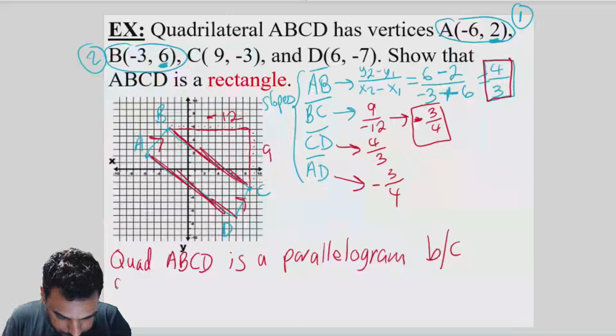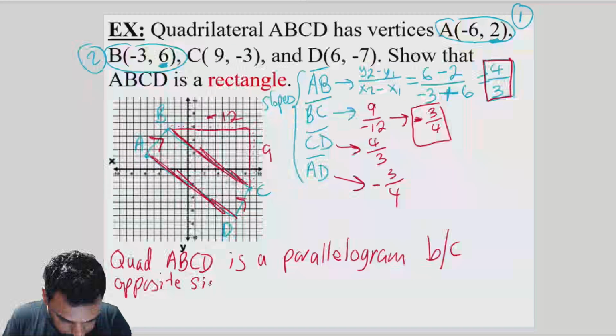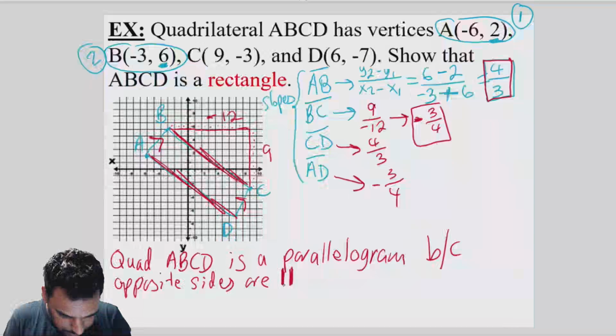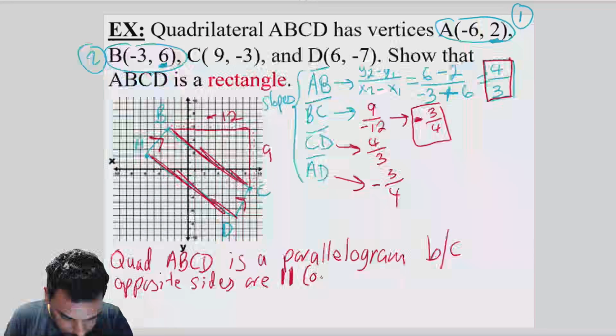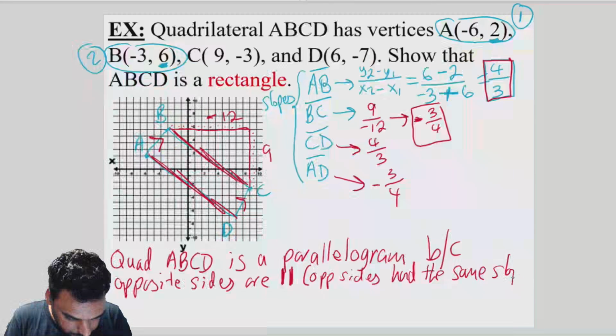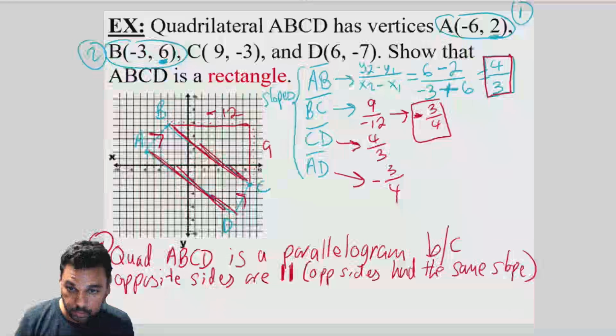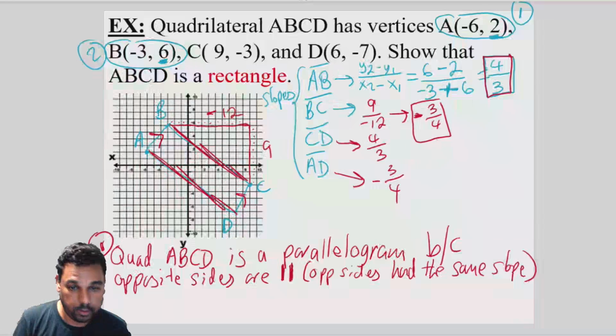Because opposite sides are parallel. Just gonna use a symbol. And how were we able to tell they were parallel? Opposite sides had the same slope. Okay, so that's statement number 1. Right, you have to say it's a parallelogram.